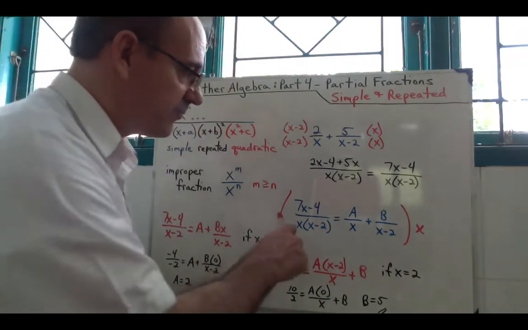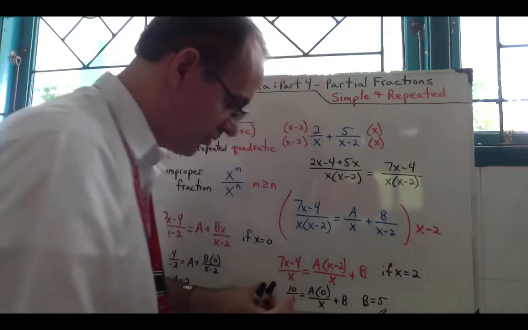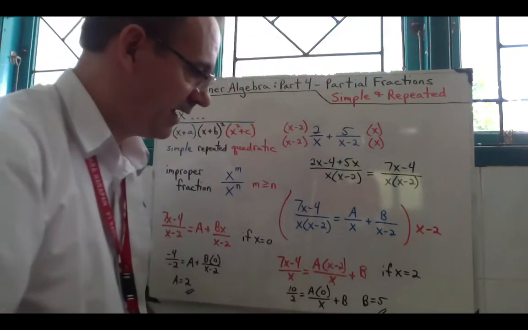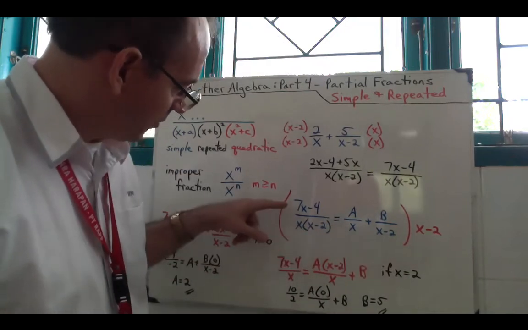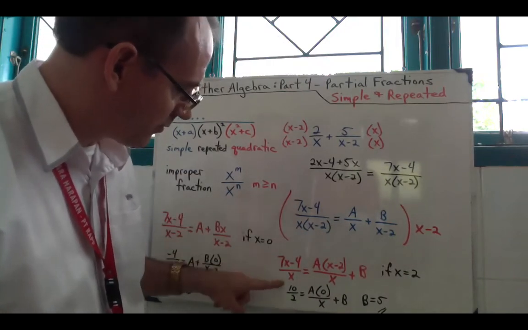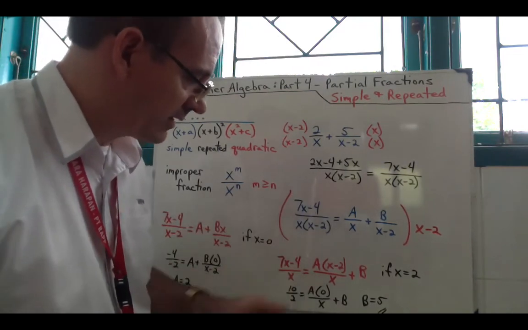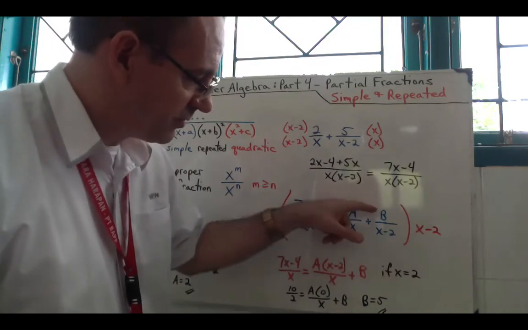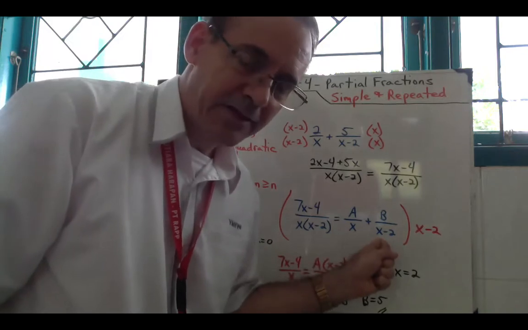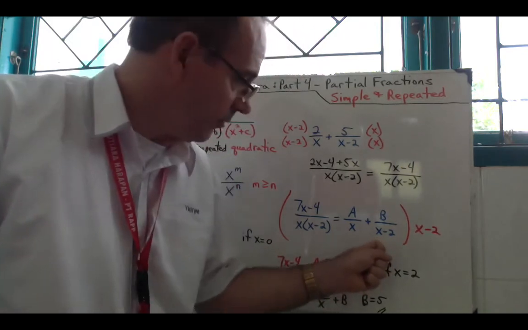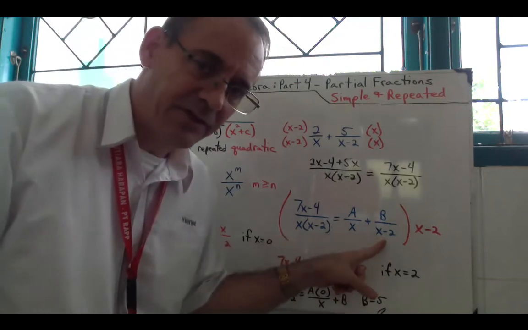Now, if we take our equation here and multiply it by x minus 2 to get this one to cancel out, it also cancels out over here. So we have 7x minus 4 over x equals a times x minus 2 over x plus, the x minus 2's cancel, and you're just left with b. Now remember, what can't we have here? Well, x cannot be 2 because you can't divide by 0.